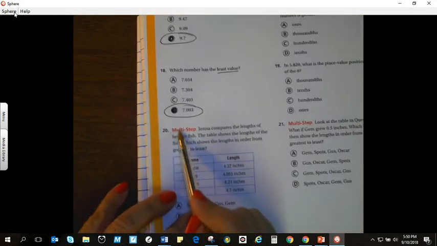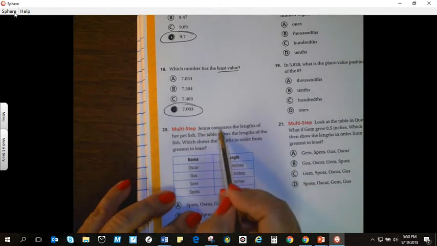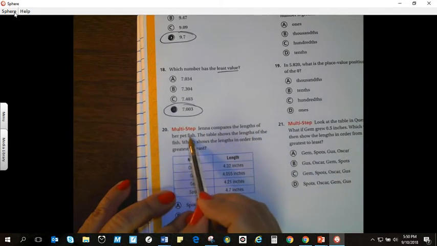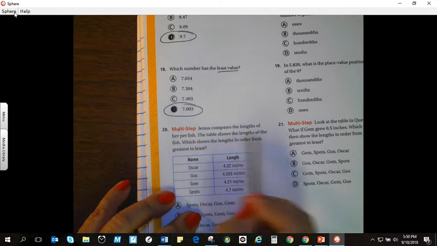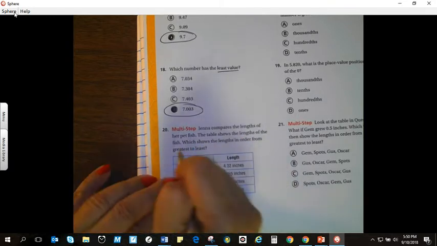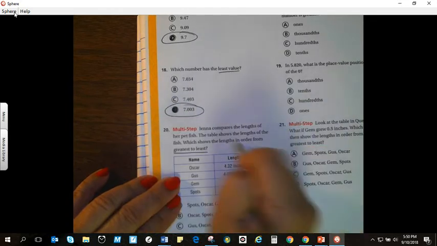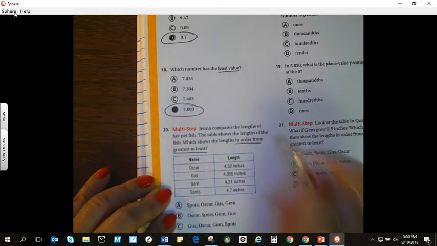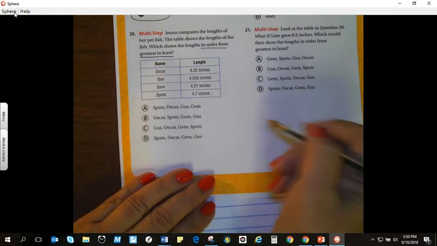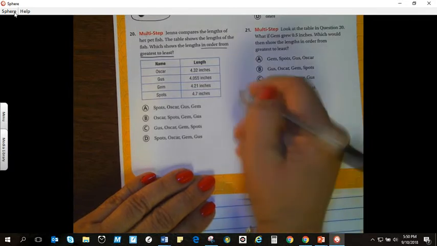All right, now let's look at what we have on this question here. Multi-step, all right? Jenna compares the lengths of her pet fish. Now the table shows the lengths of the fish, which shows the lengths in order from greatest to least. So in order. So we need to put these in order from the largest to the smallest. All right, so I'm going to get my work done here just so that you can see it.